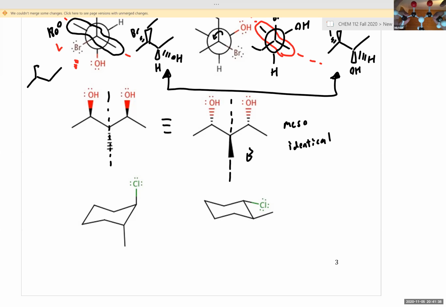Now what do we see? Where are our oxygens? Towards us. And where's the methyl group? So are these two structures identical if all I'm doing is rotating them? Yes, so that's what we mean by a meso compound. It's compounds with an axis of symmetry that as a result are identical after rotation.